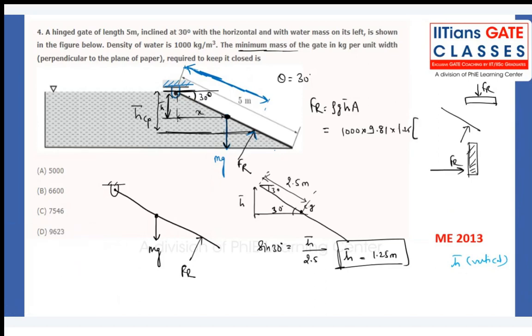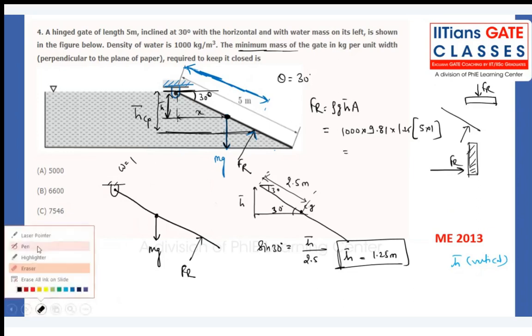And what about the area which is being surrounded by the water? This is the area. If we draw the horizontal view of that, width is what? 1 unit, and total inclined height will be what? 5 meter. So 5 into 1. So if you calculate the resultant hydrostatic force, tell me the value, guys.